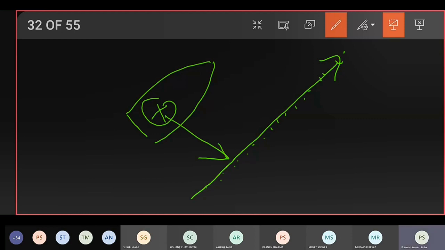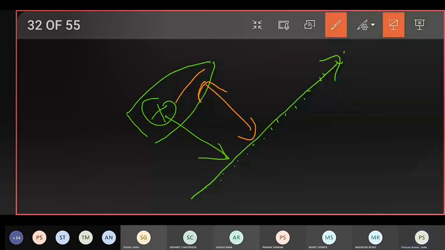If it is matching, you are on track. If it is not matching, you are away from the track. Then you can decide how much difference is allowed, cross track error is allowed.